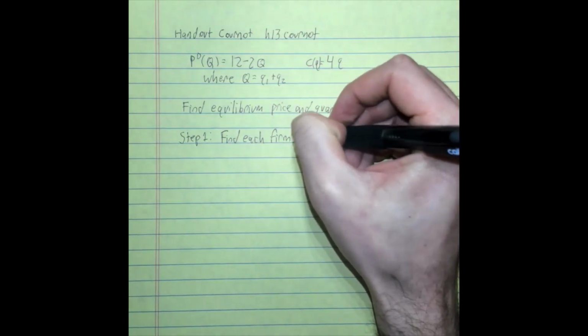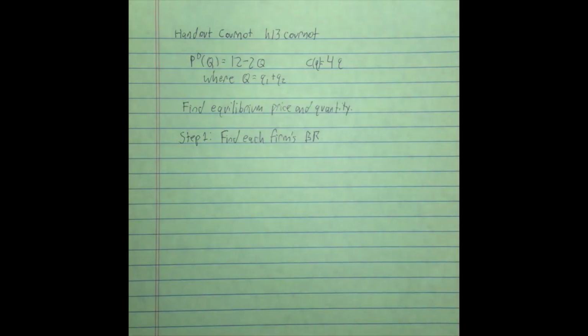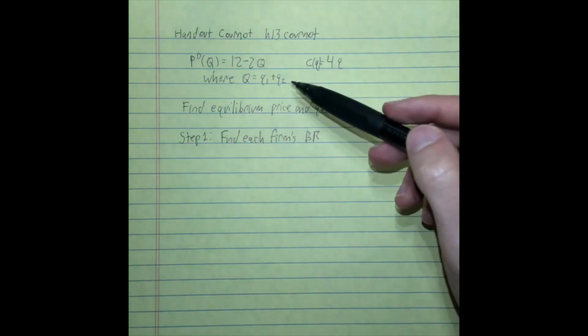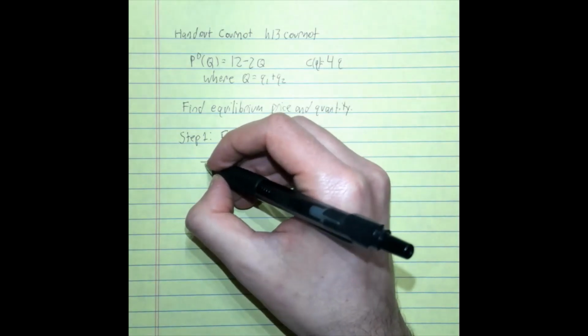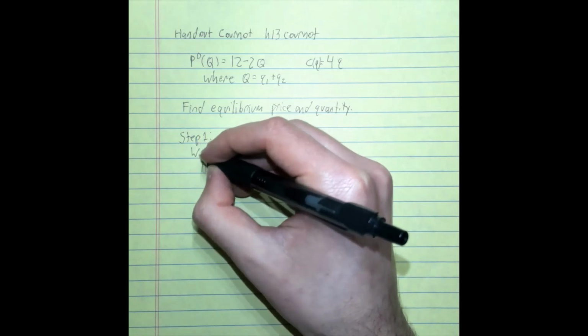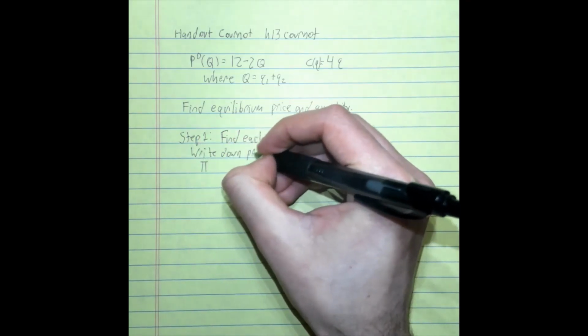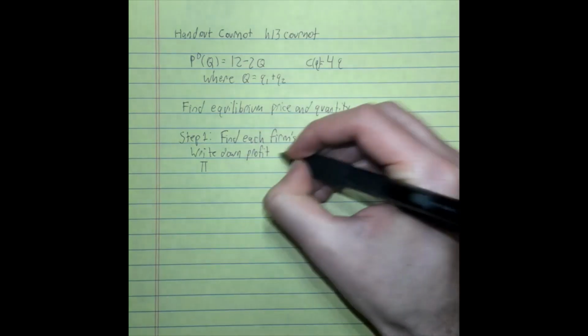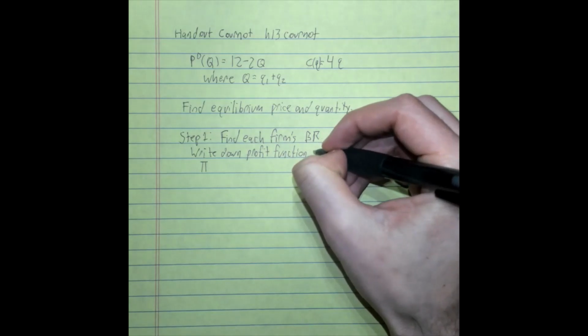And how do we do that? What this is asking is, what is the most profitable quantity given some arbitrary quantity the other firm produces? So we're just going to write down the profit function for firm 1, let's say.